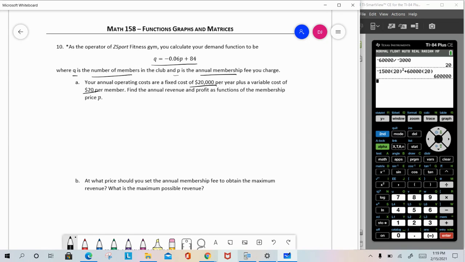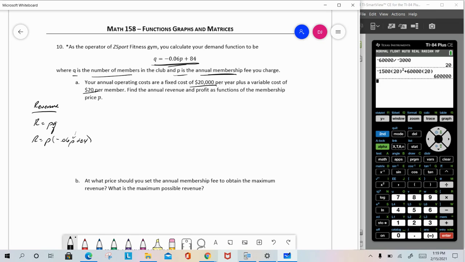Okay, so get ready for some work. Let's talk about revenue. Revenue, like we've said before, is P times Q. P is the annual membership. The demand is negative 0.06p plus 84.